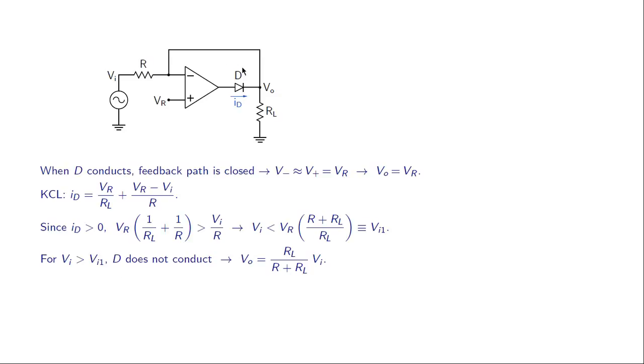Then this current is 0, and we have Vi dividing between R and RL. So then Vo is given simply by voltage division. Vo is then RL divided by R plus RL times Vi, like that.